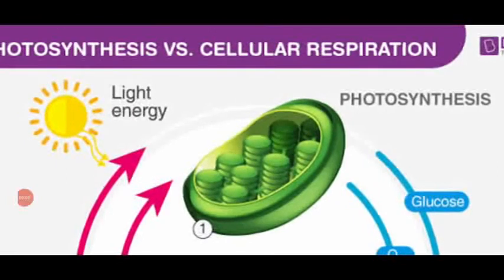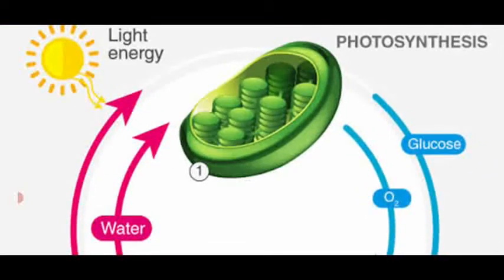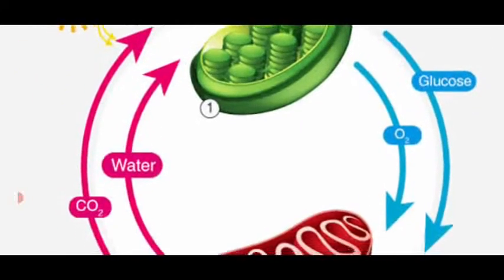Dear students, these are the two processes, that is photosynthesis and cellular respiration. This diagram also I already showed in the previous video class. This is the chloroplast, containing green color pigments present in the thylakoids or grana. They absorb the light energy and do the photosynthesis process, liberating oxygen and producing food material in the form of glucose.